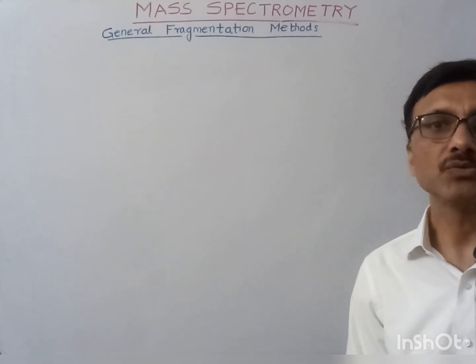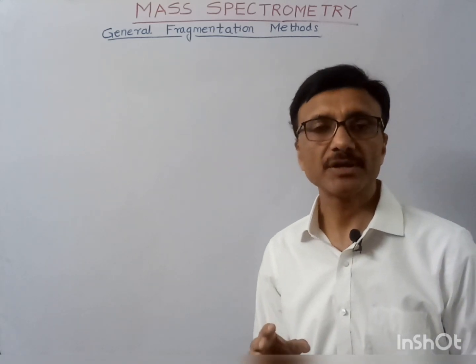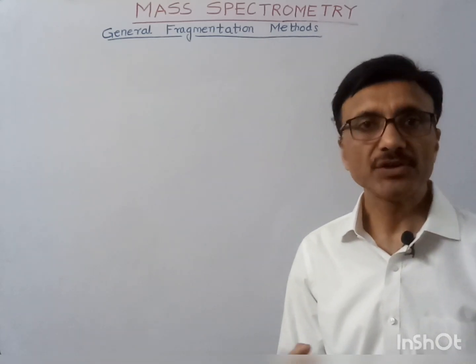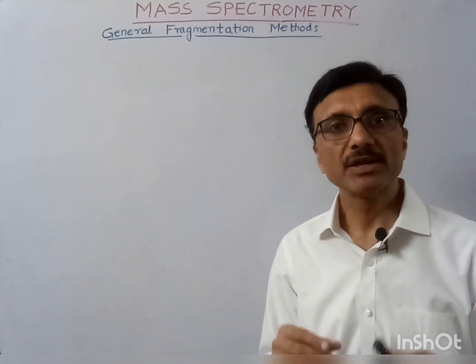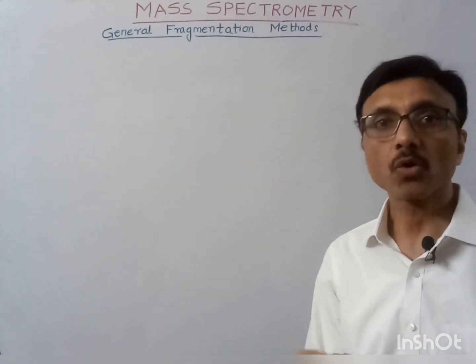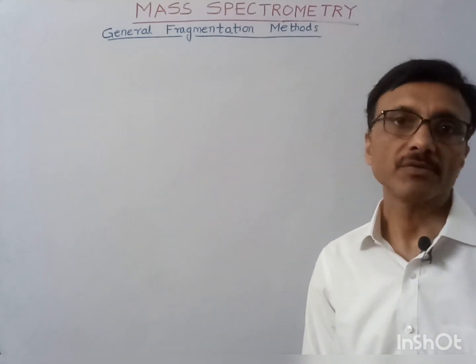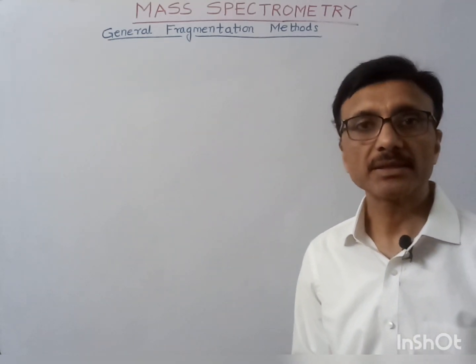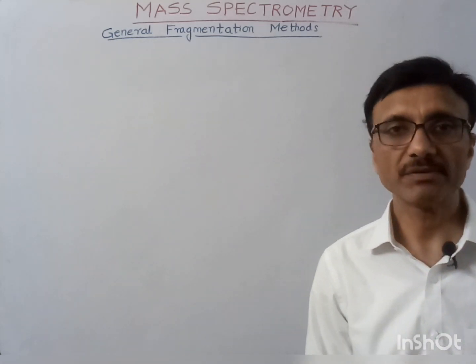Then I will tell you the McLafferty rearrangement, means cleavage by McLafferty rearrangement. Inductive cleavage, which is also called the beta cleavage. Then cleavage by ortho effect or ortho rearrangement. Cleavage by the removal of water molecule. And at the last I will also tell you the beta cleavage, that is inductive cleavage.